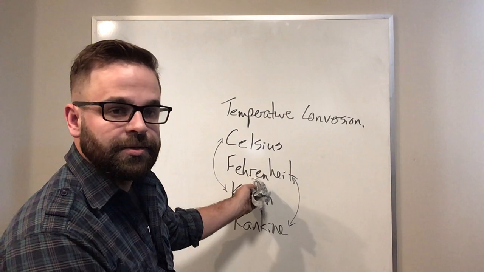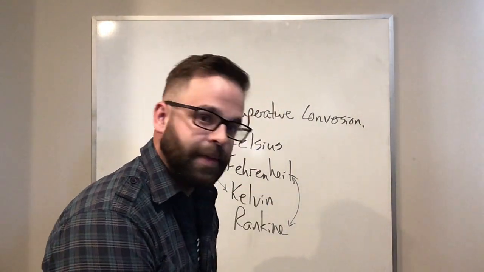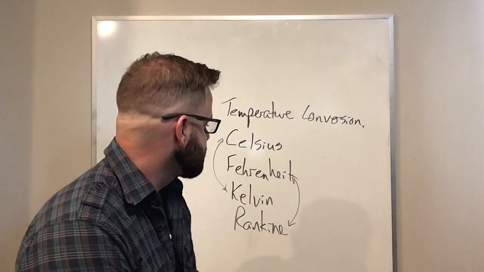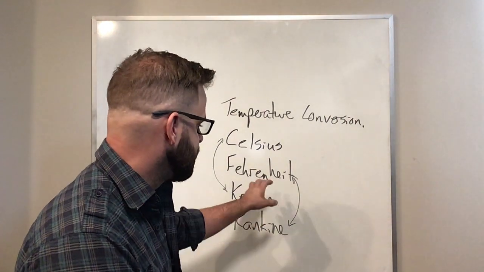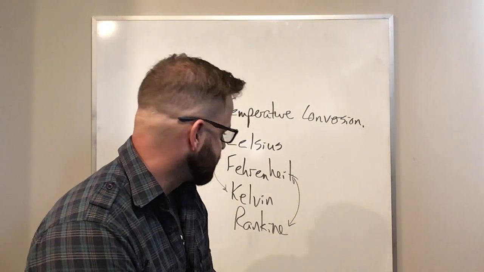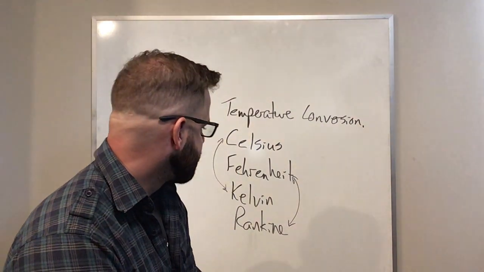The United States uses Fahrenheit, although if you went back 25, 30 years, Fahrenheit was the most prevalent value that was used, and we didn't really use Celsius all that much until we went over to the metric system.